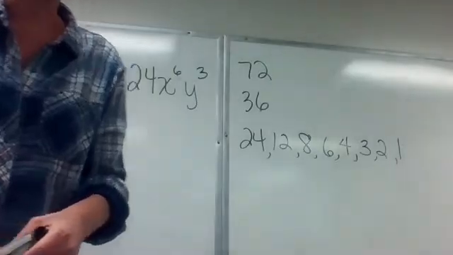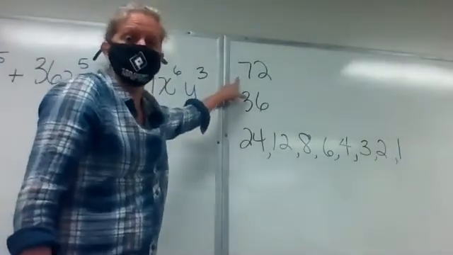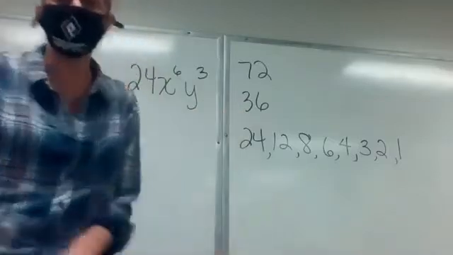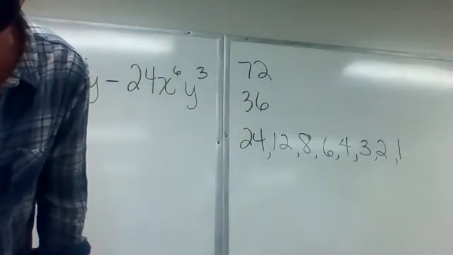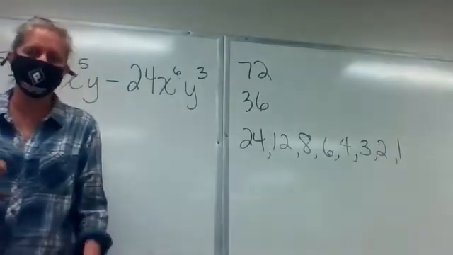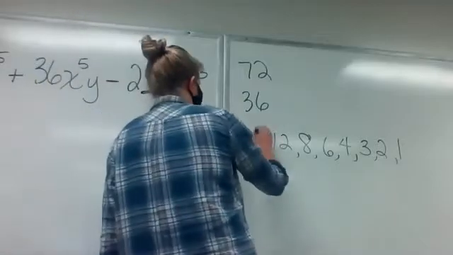You get 3, which means it does go into 72, but it also has to go into 36, right? It has to go into all of them. And what do you get when you do 36 divided by 24? You get 1.5, which means it doesn't go into 36 evenly. So it's not 24.